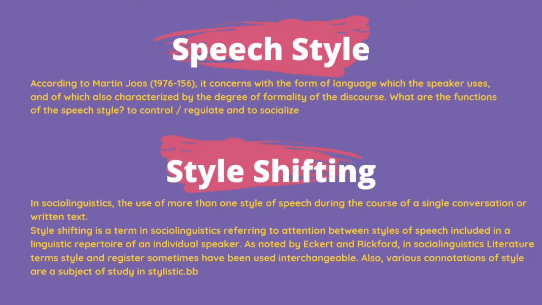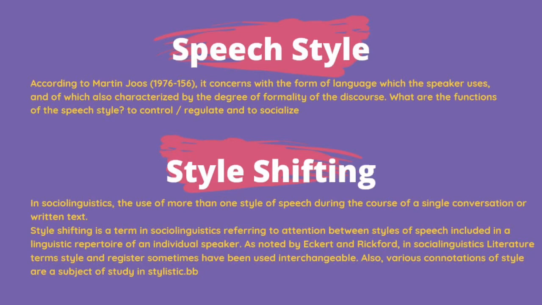Speech style. According to Martin Joos, it concerns the form of language which the speaker uses, and which is also characterized by the degree of formality of the discourse. Style shifting.